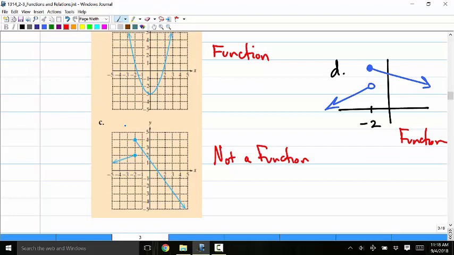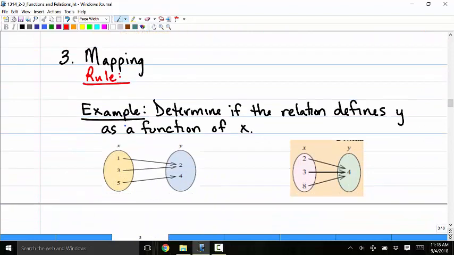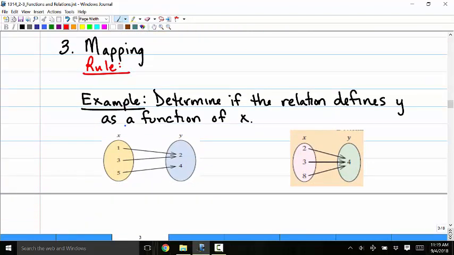All right, so we've talked about how to tell if a relation is a function. If we're given a set of ordered pairs, the x's can't repeat. If we're given a graph, it has to pass the vertical line test. And now let's look at this: what if it's a mapping? Mapping meaning you're making a relationship from a domain to a range.